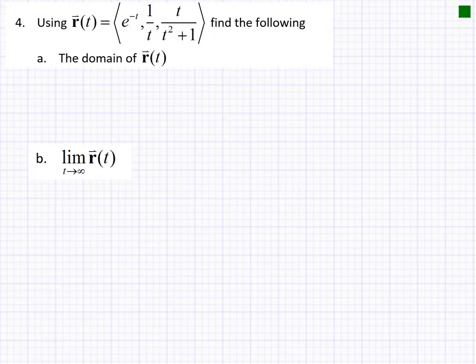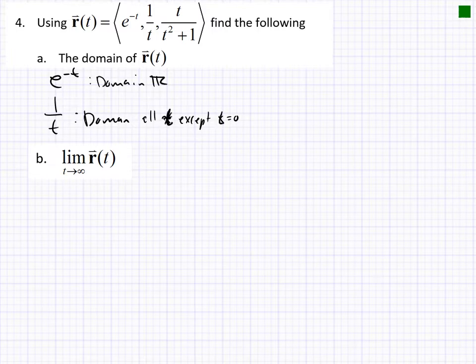If you think about the domain of each of these individual functions, e to the negative t has a domain of all real numbers. 1 over t has a domain of all t except t equal to 0, all t not equal to 0. And then t over t squared plus 1 has a domain of all real numbers as well.